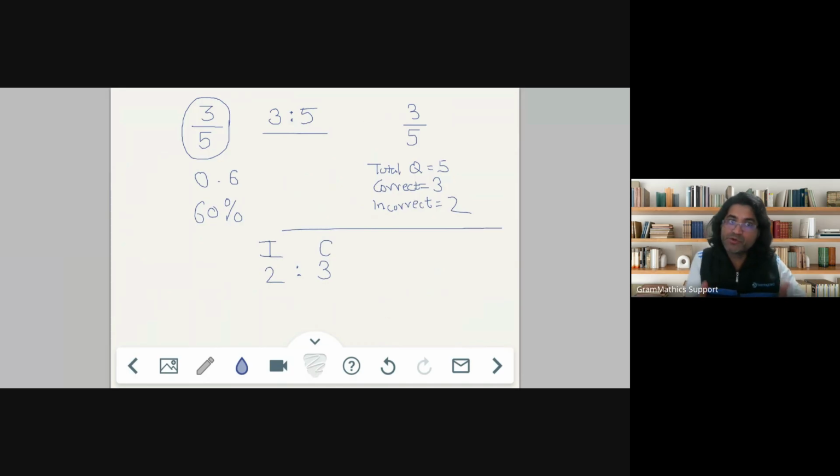You're comparing two things here. It will come in handy in many scenarios. It can be like, what is the ratio of boys versus girls in your class? Or they can ask, what is the ratio of boys to total students in your class? So you have to see what two things we are comparing.